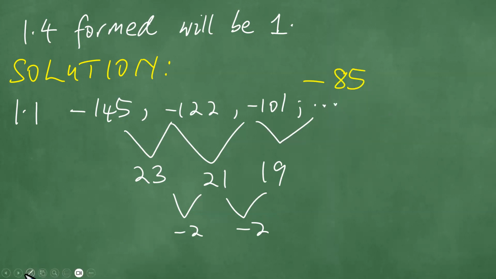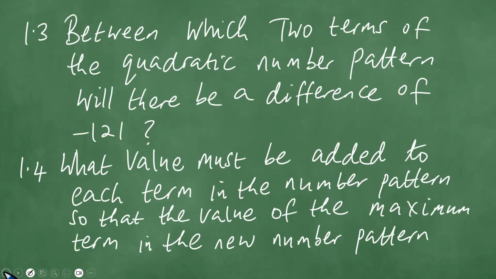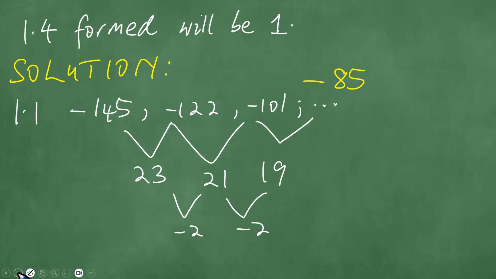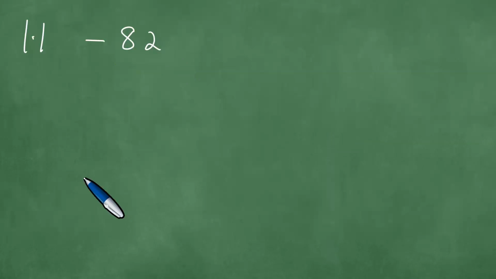So in 1.1, the answer is minus 82, because we were to write down the value of T4, the fourth term. This is the first, second, third, and the fourth. So the value of the fourth term that they want is minus 82. We're done with that.